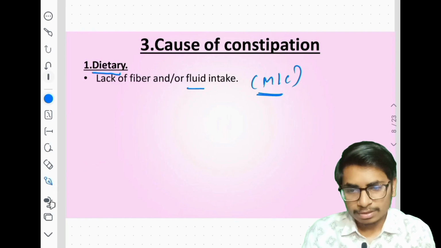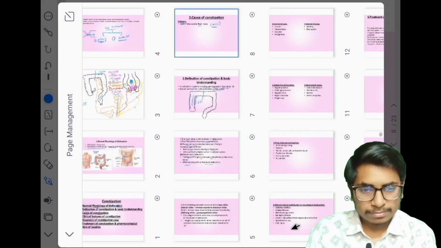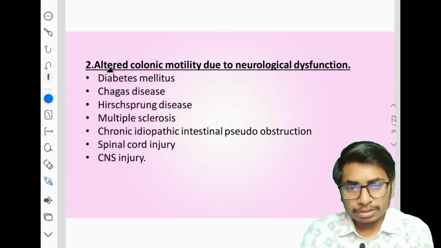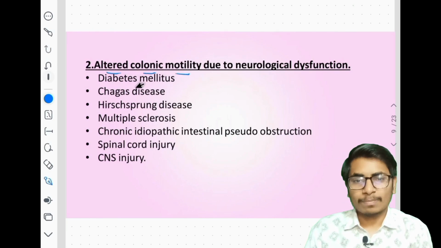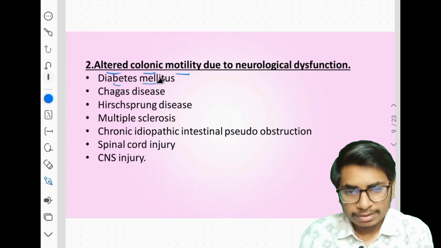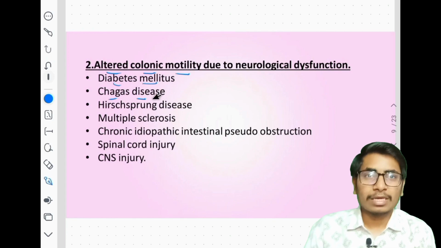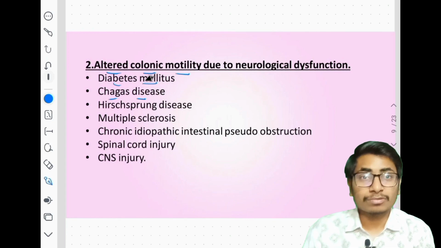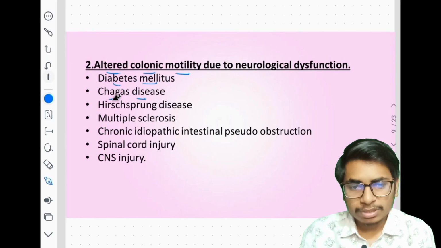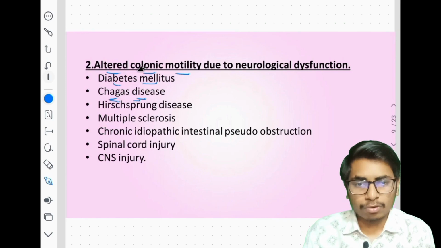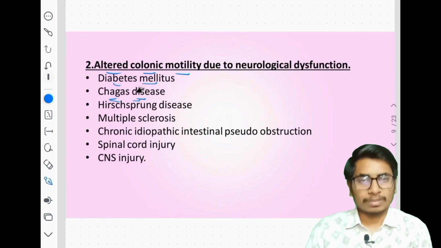The second cause is altered colonic motility due to neurological dysfunction. For example, diabetes mellitus. Second is Chagas disease. Chagas disease means the person has a parasite infection called Trypanosoma cruzi infection, which damages the myenteric neuronal plexus, producing altered colonic motility, and the person has constipation.